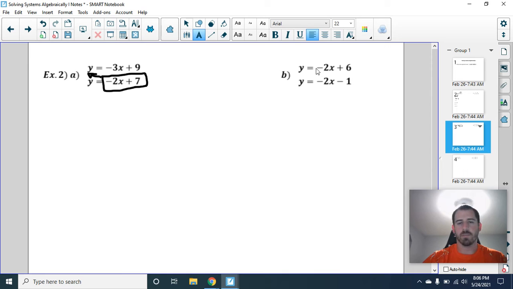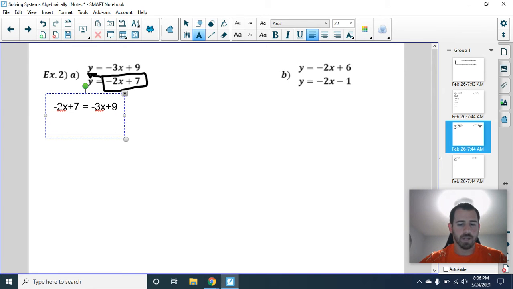Especially for these examples when you have both equations being set to the variable y or x or whatever it may be. So we have negative 2x plus 7 equals negative 3x plus 9. That's our equation. And again, we would just solve it like we normally would.